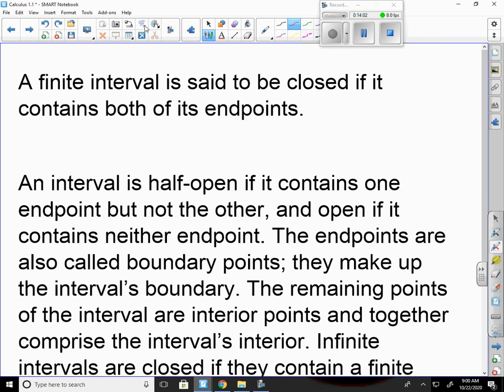A finite interval is said to be closed if it contains both of its endpoints. So basically, it would be closed if it's a greater than or equal to sign, or a less than or equal to sign. That makes it closed.